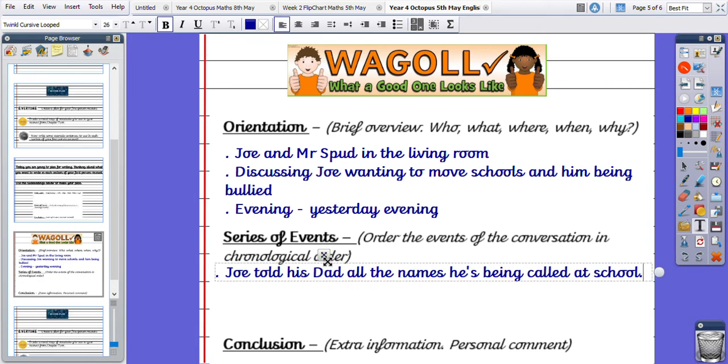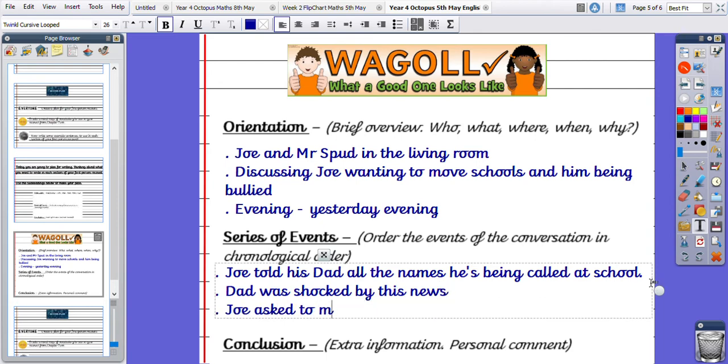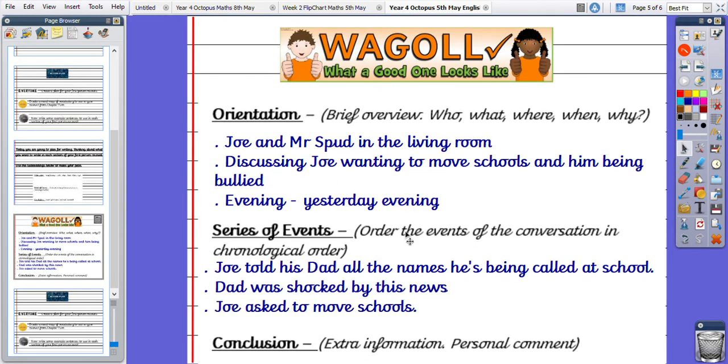If it's a first person recount, he'll be talking a lot about his emotions. And then perhaps your next point would be Dad was shocked by this news. And then you could go on to say Joe asked to move schools. So you are summarising chapter 2 in your series of events, saying what you would include in your recount if you are writing as Joe.